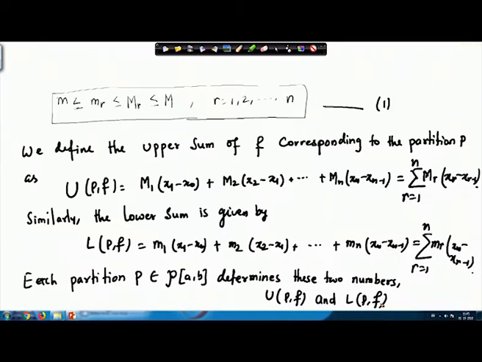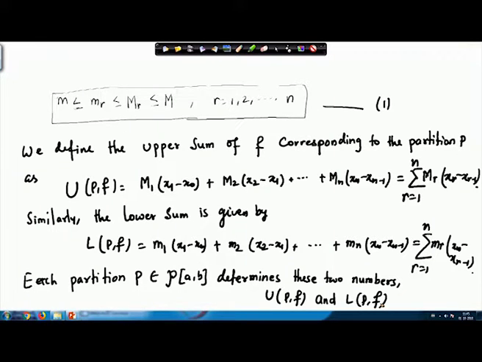Based on those upper and lower bounds on all the subintervals, we can calculate the upper sum, which is given by capital M1 times (x1 minus x0) up to capital Mn times (xn minus x(n-1)), and we can calculate our lower sum, which is given by small m1 times (x1 minus x0) plus small m2 times (x2 minus x1), and so on.